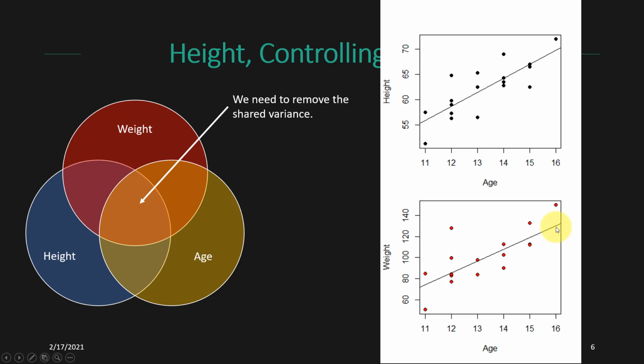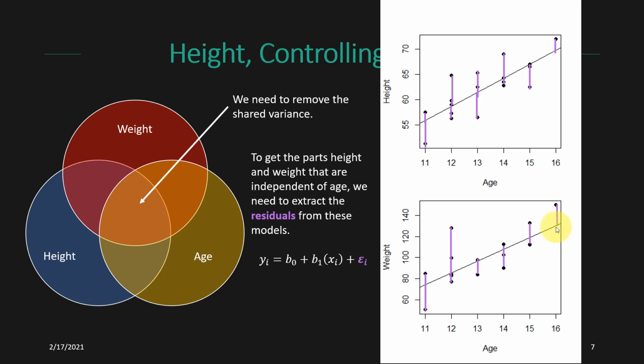So if I want to get the part of height that's independent of age, and I want to get the part of weight that is independent of age, what I need to do is get the residuals. I need to get what's left over in your height after accounting for your age. So we're going to break the parts of height and weight up into the parts that are independent of age, so that we can then use those independent residuals in our regression model.